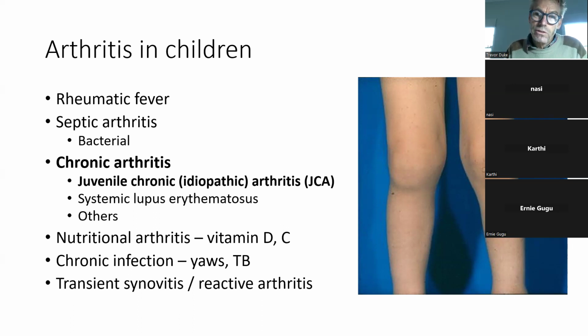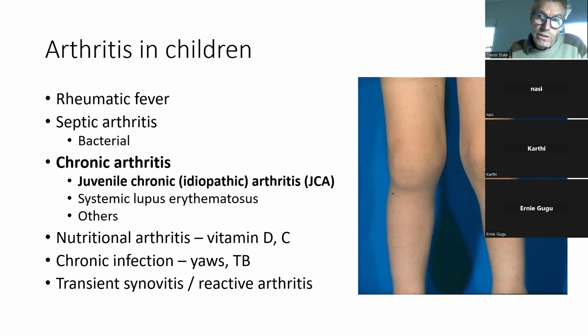In tropical countries, there are other types of conditions that can cause arthritis and mimic chronic arthritis. I particularly want to highlight vitamin D deficiency, rickets, less common in some parts of the world, but more common in others. And also vitamin C deficiency, scurvy, because that can cause a condition that really mimics juvenile chronic arthritis, and I want to explain how to make that distinction.